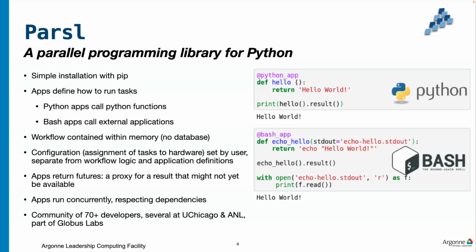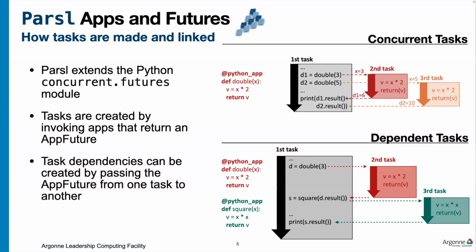Parsl is built on top of a library called concurrent futures. And if you're unfamiliar with concurrent futures, it can take a little while to wrap your head around it, so I'm just going to briefly describe what that is. In Python you have these apps, which look just like normal Python functions.